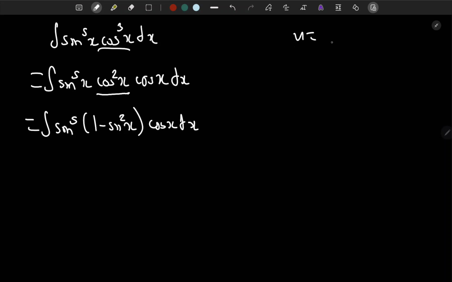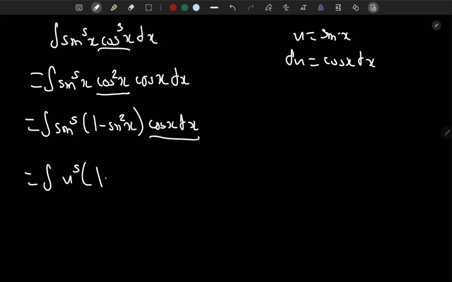So u is going to be sine x, du is cosine x dx, and we can just replace this with du now, and it's going to be u to the power of 5 times 1 minus u squared, and this part is du. Just simplify this now. It's going to be u to the power of 5 minus u to the power of 7 du.